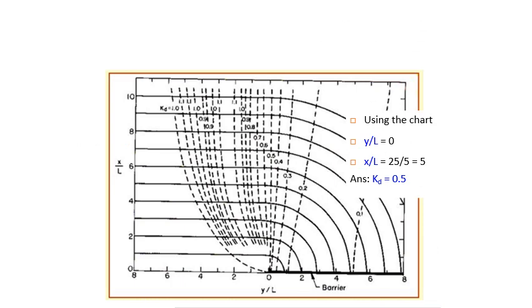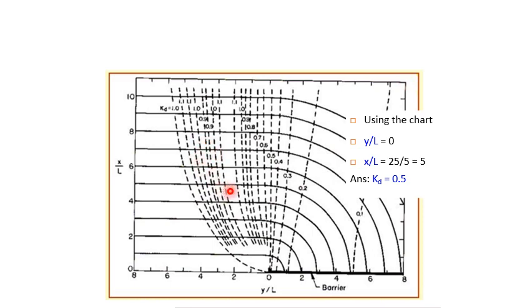For y over L equals 0, we are looking at the position over here. For x over L equals 5, we are looking at this line here. So this line, and right here at y equals 0 is approximately on the dash line 0.5.